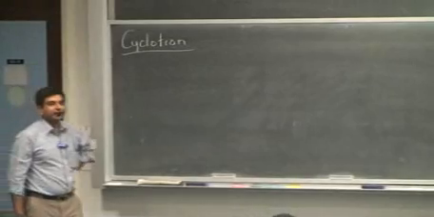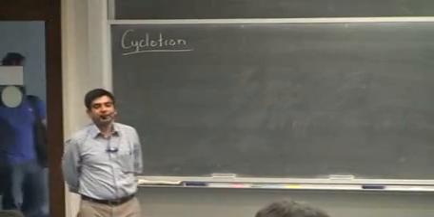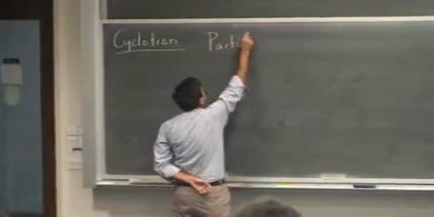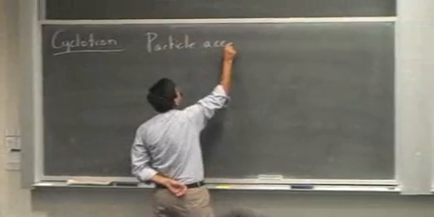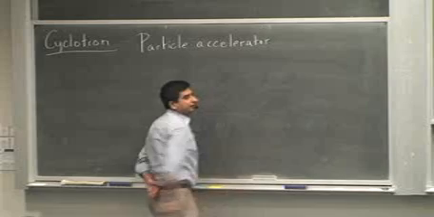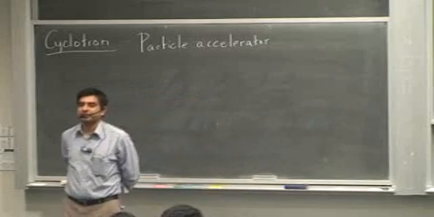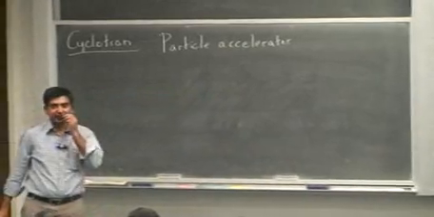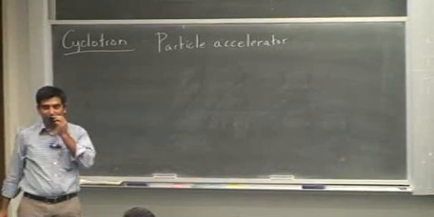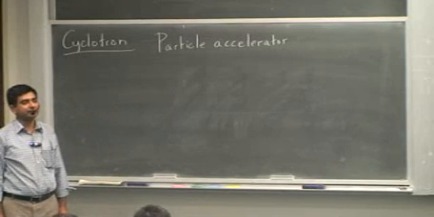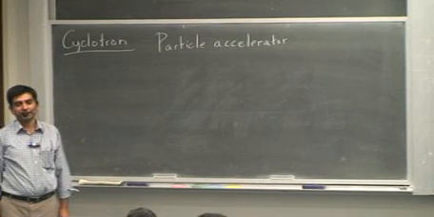What the cyclotron is, is basically a particle accelerator. And some of the most significant experiments in particle physics, which help us understand our universe, are performed on equipment of this kind, including the Large Hadron Collider in CERN.